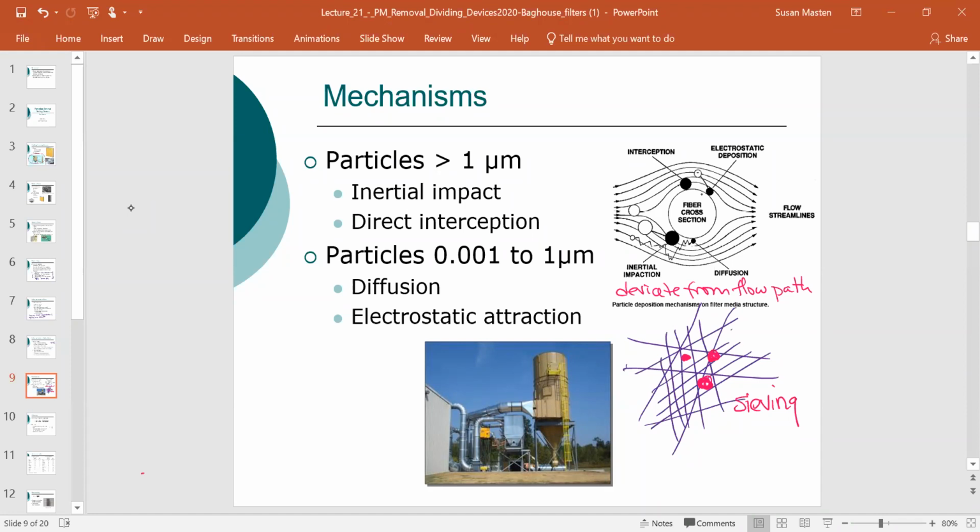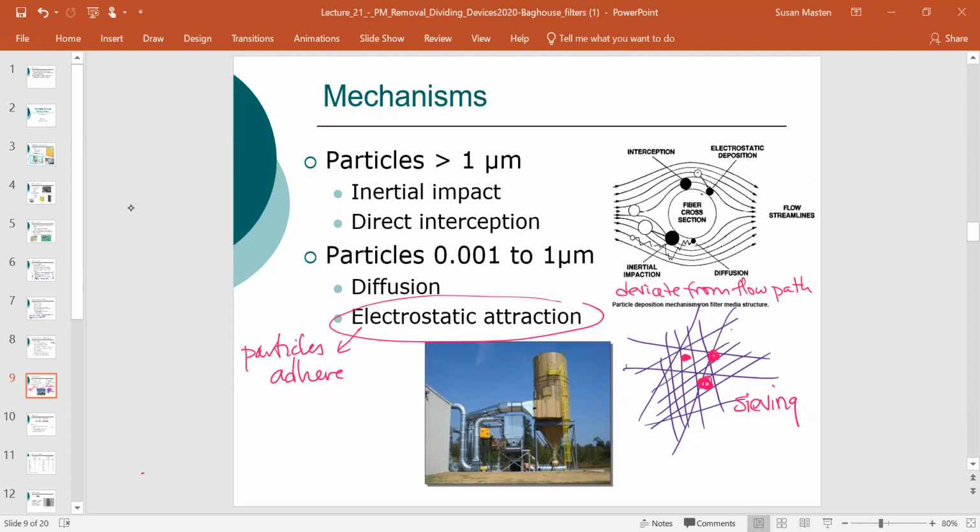And then the electrostatic attractions. This is what we're looking at when we're really talking about how the particles adhere to and stick to that filter material.